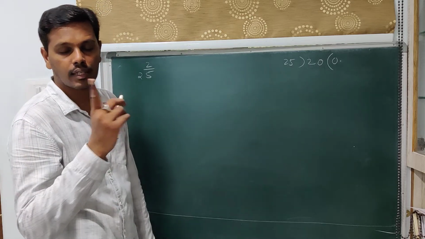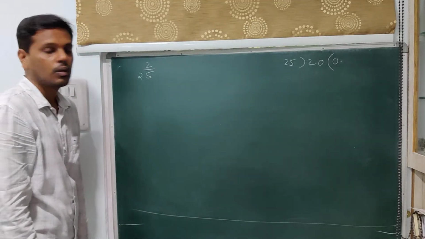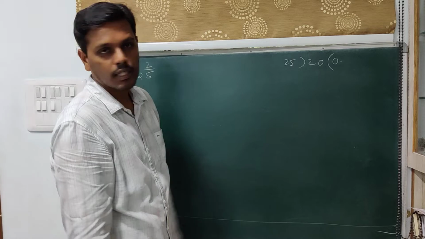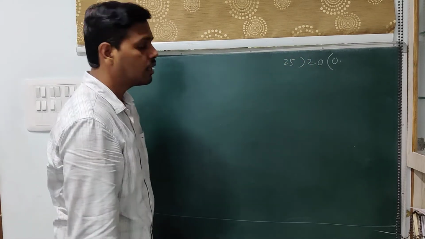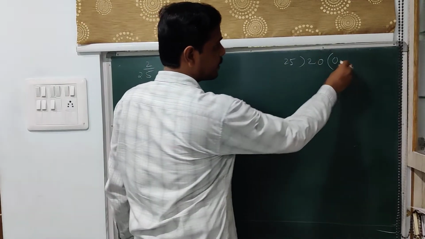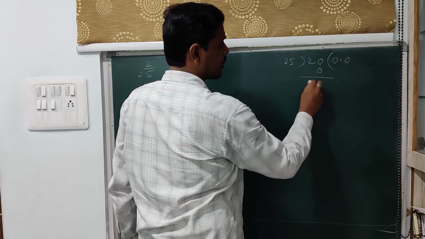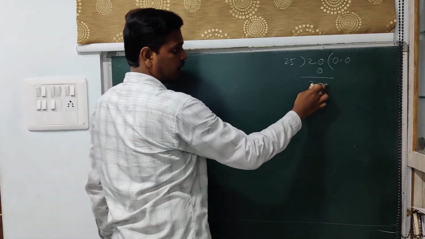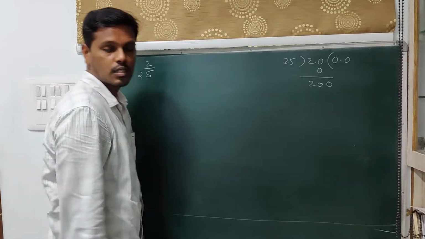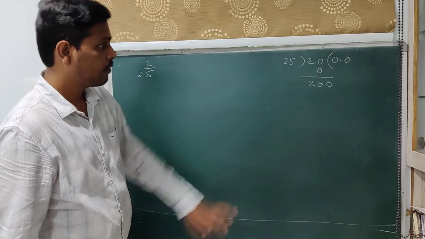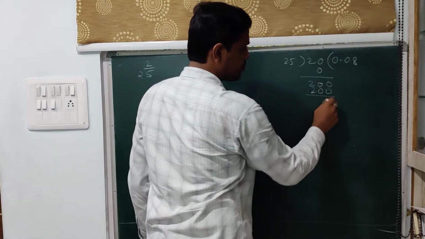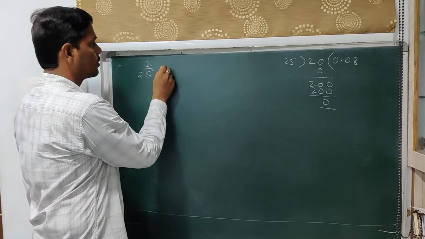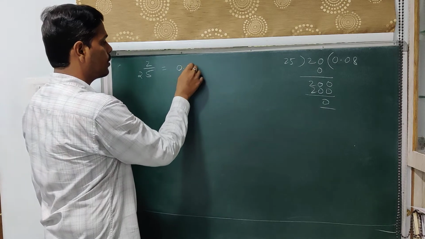So at one time you can take 10. 20 is still less than 25, so you cannot take one more 0. So you will be taking 0 times 25. 25 into 0 is 0. 20. Now you have a point, so you can put a 0 over there. Now 25 8s are 200. So this is 0.08.